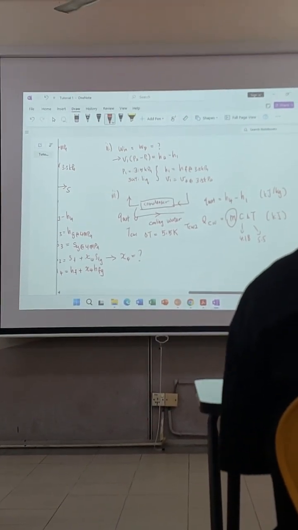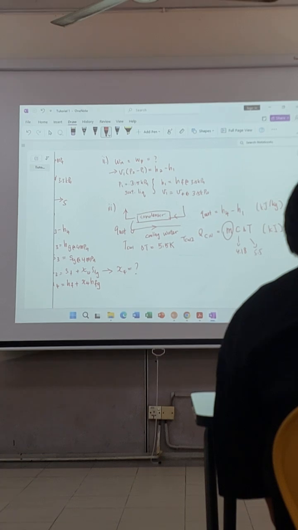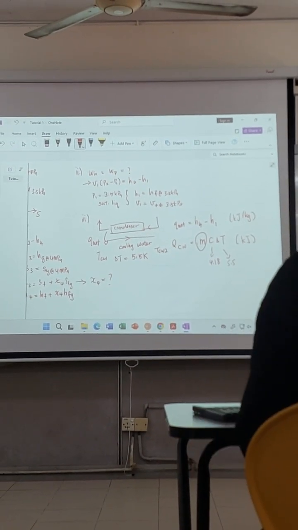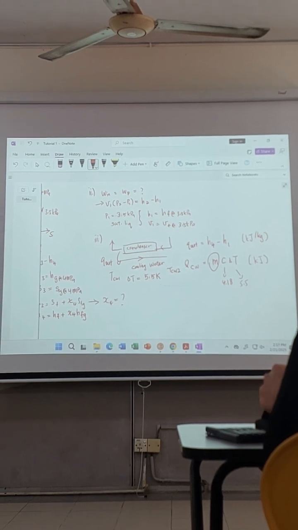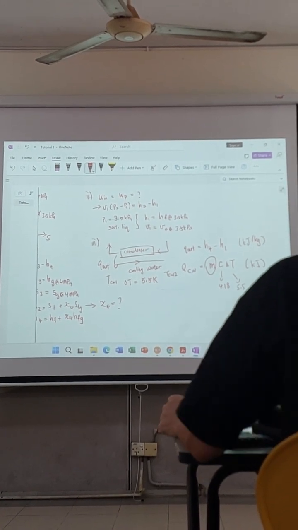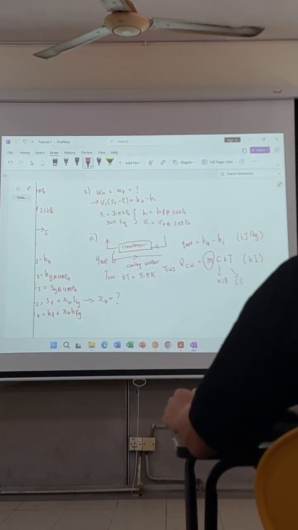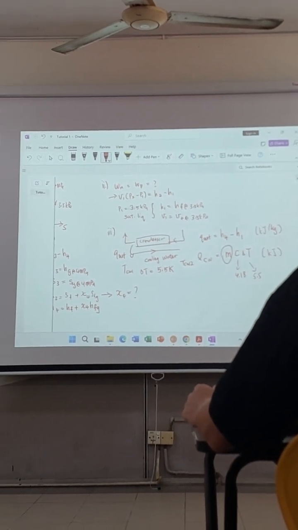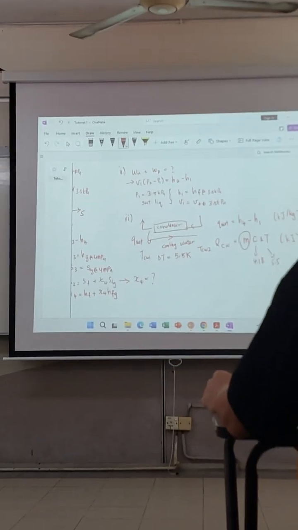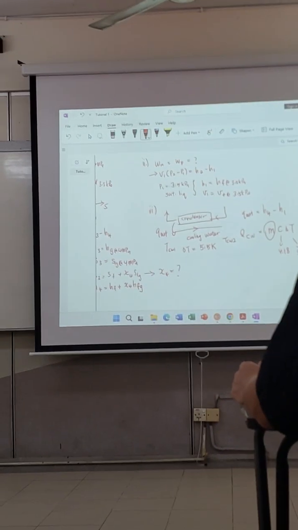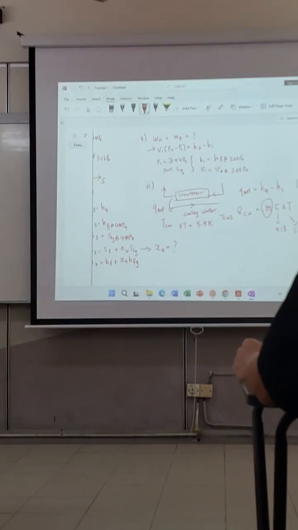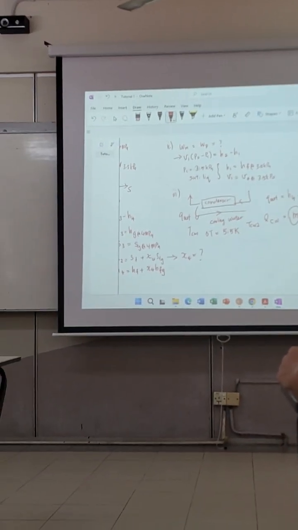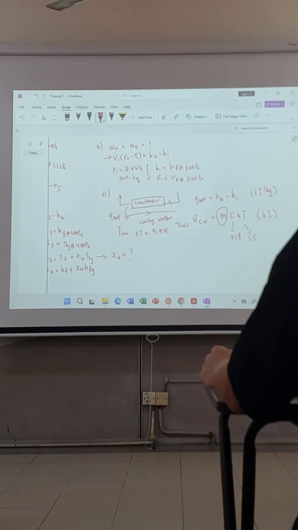Now the question also asks you to calculate this for 1 kilogram of steam in the Rankine cycle. So it's a bit weird, but your math will be in terms of per kg of steam in the Rankine cycle.